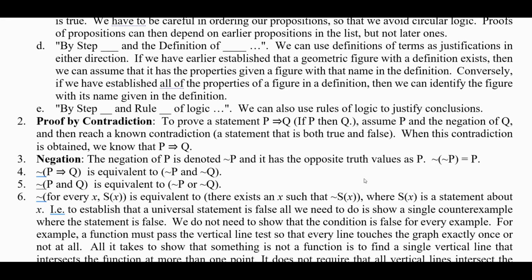Negation of P is denoted by tilde P, a little squiggle P, and it has the opposite truth values as P. And notice that the negation of the negation of P is back to P again.